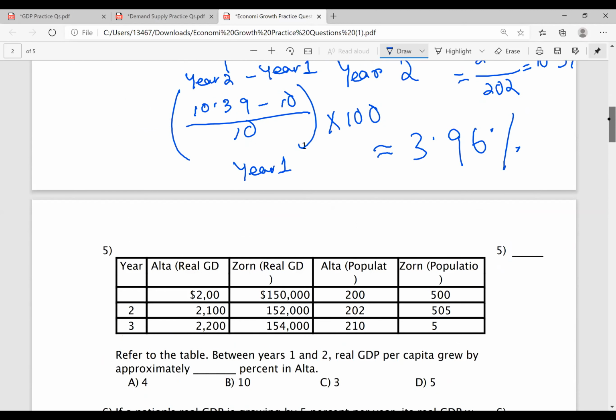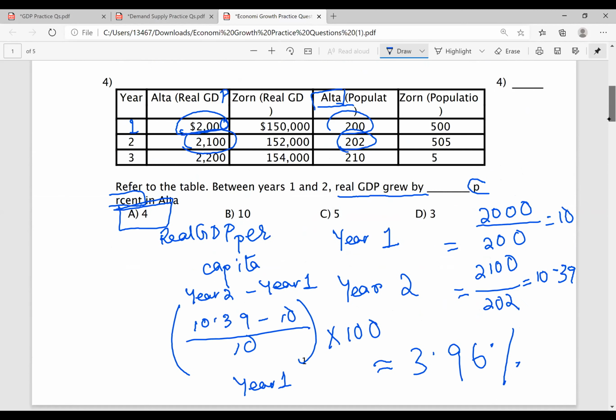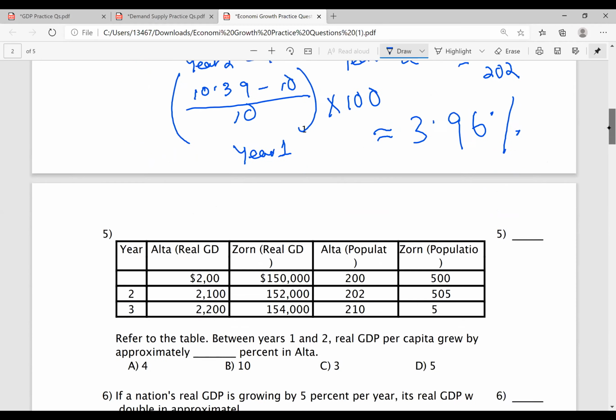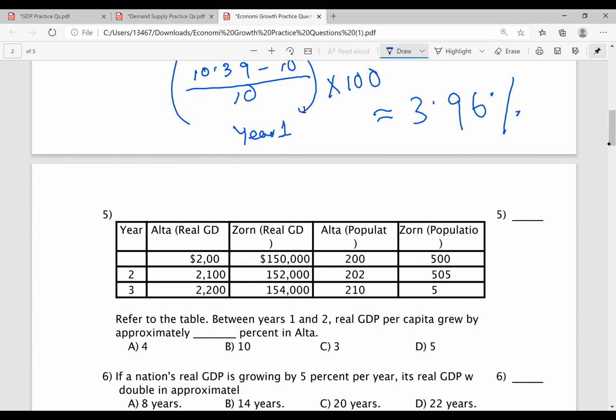Definitely our brains are fried. Oh boy. So basically what I did was I solved it for question number 5.